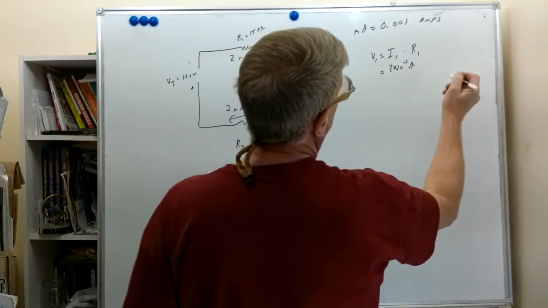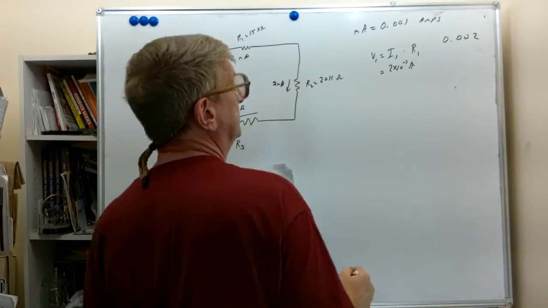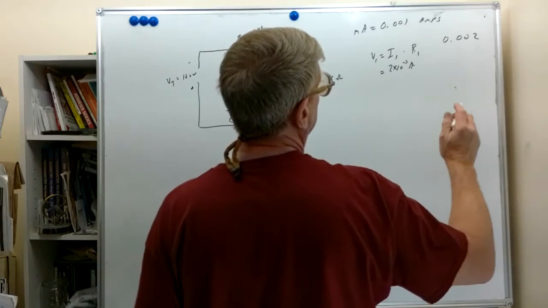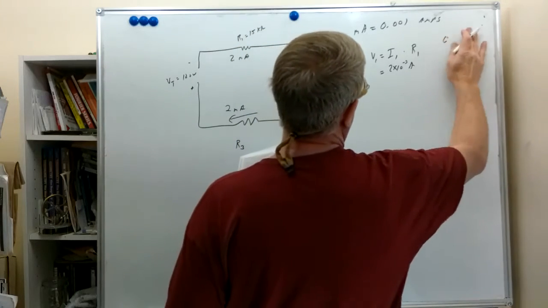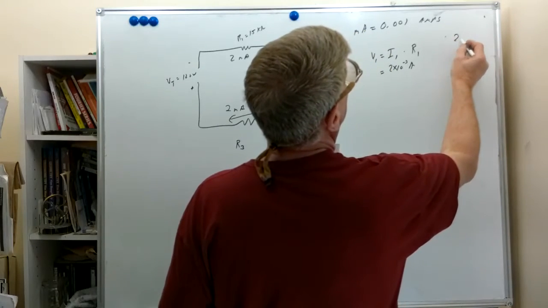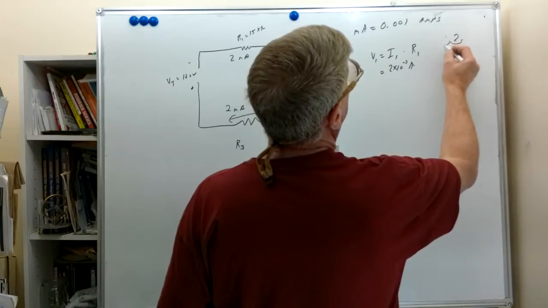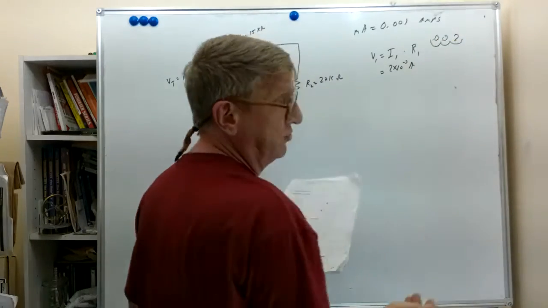Because if we took the 2 milliamps and moved the decimal place 3 places to the left because of the negative exponent, we'd end up with 0.002 amps.